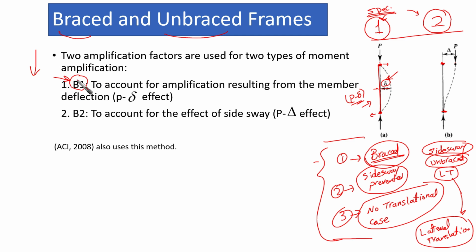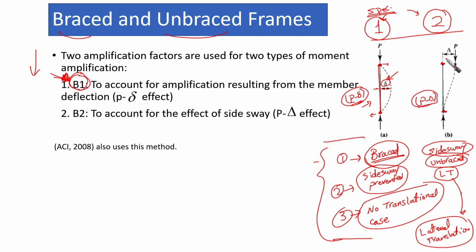So the first amplification is going to be considered for the moments that come from basically the no translational case, or the braced case, or sidesway prevented case. Okay, and this is going to be designated with P small delta. The other case is going to be P capital or uppercase delta.